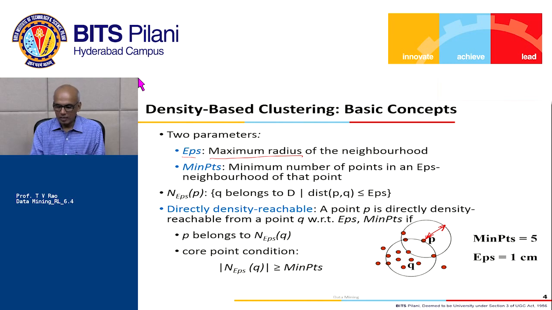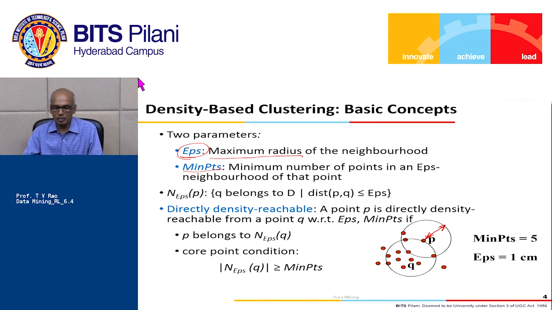So we can say that a point P is density reachable from point Q only if P falls within the radius of Q, which is represented by epsilon, and Q has the minimum number of points, represented by min points, within this radius.